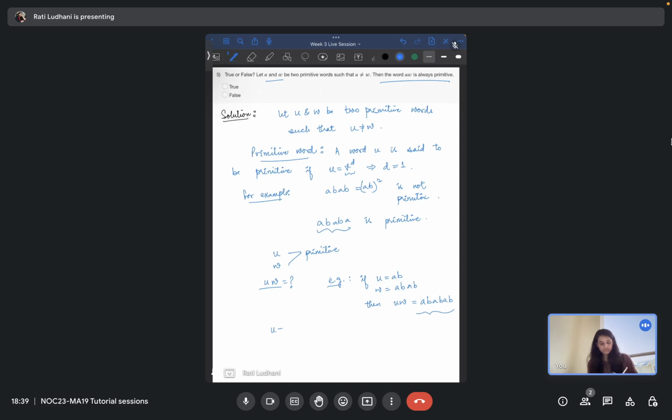So one thing is, U is given to be AB, and they have said that these are two primitive words which are not equal. So if U is equal to AB and W is equal to AB, then certainly UW is just ABAB, which is not primitive, right?